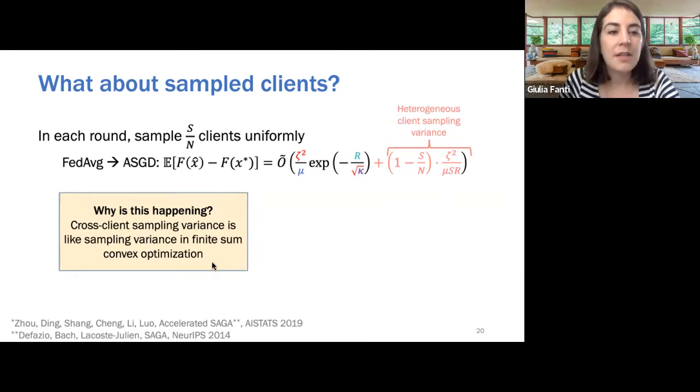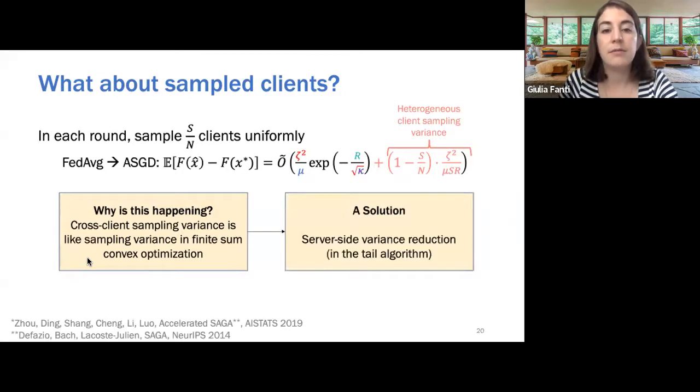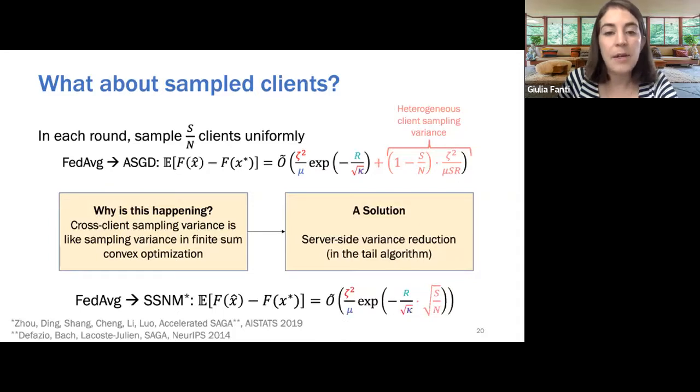In the finite sum convex optimization setting, the way that we get rid of sampling variance is through variance reduction. So what we did in FedChain is to add server-side variance reduction in the global algorithm. And what ends up happening is that you can move this additive variance term into the exponential decay term.